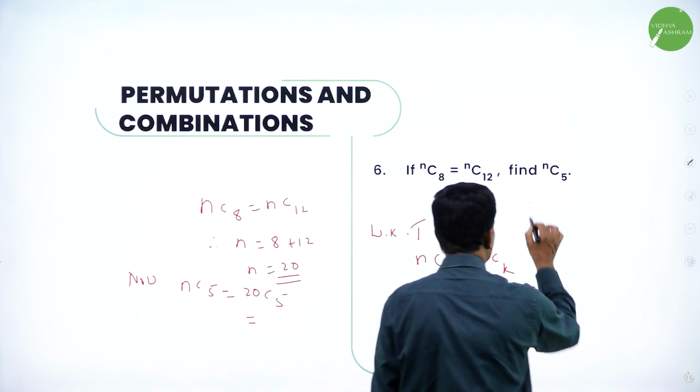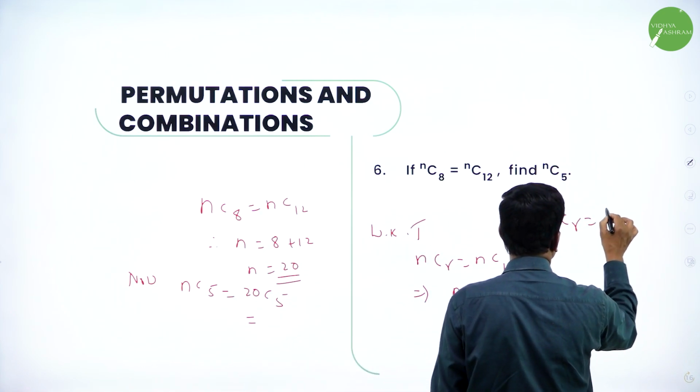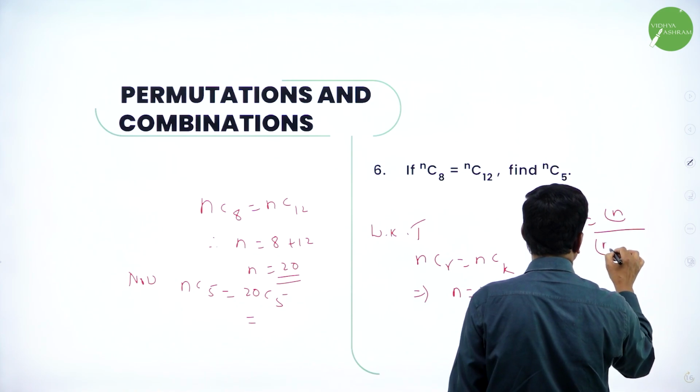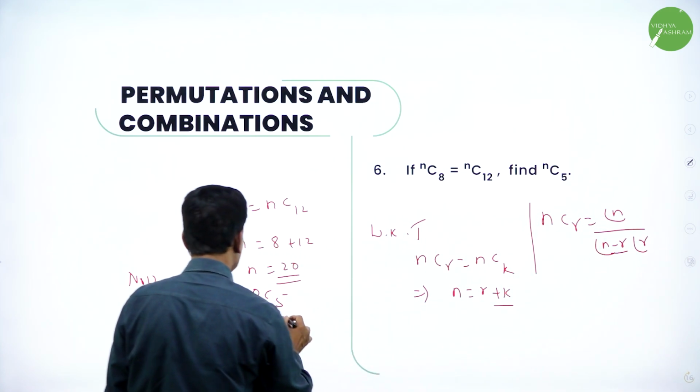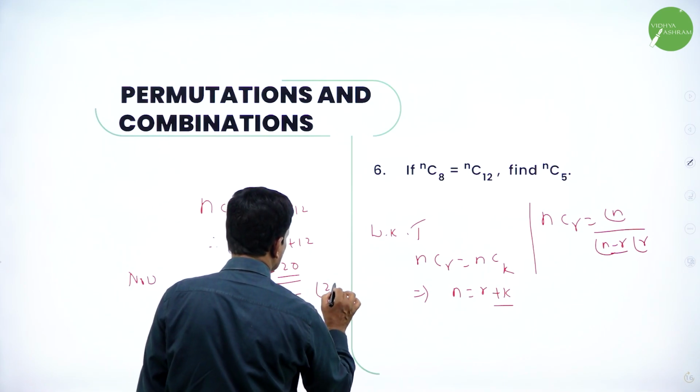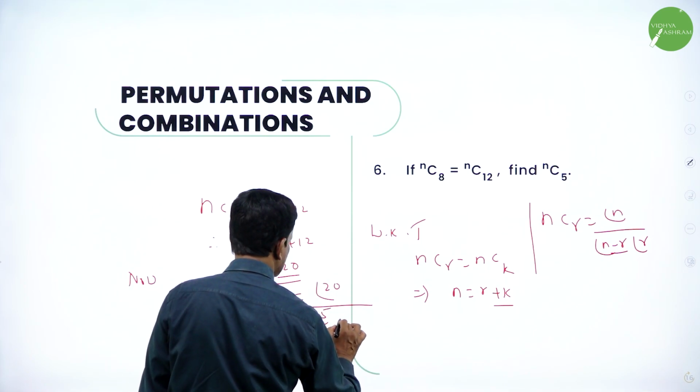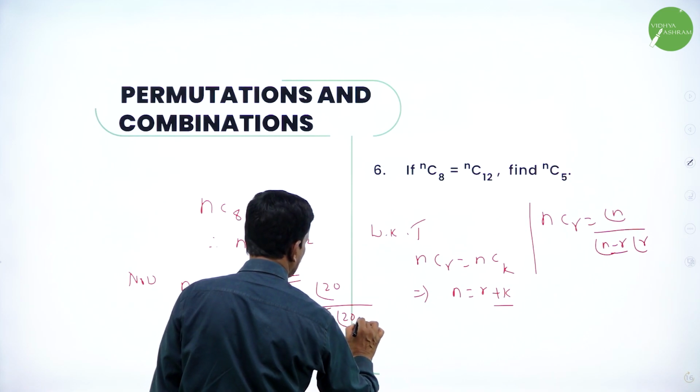We know the formula for nCr is equal to n factorial divided by n minus r factorial into r factorial. So if we apply the formula, this is equal to 20 factorial divided by, r is 5, 20 minus 5 factorial.